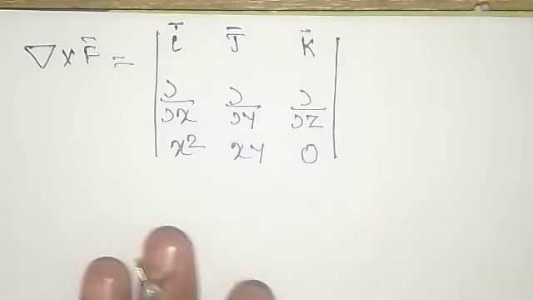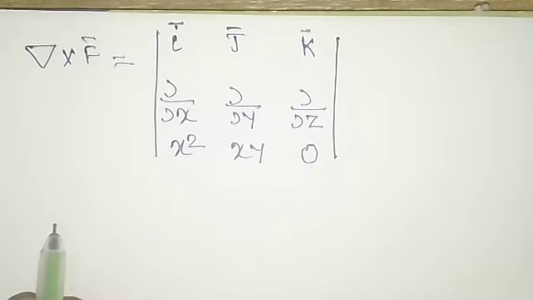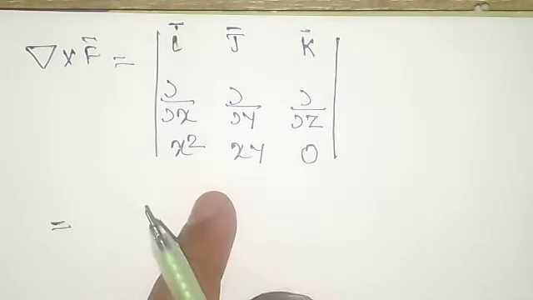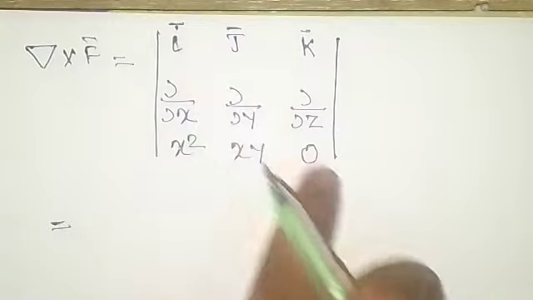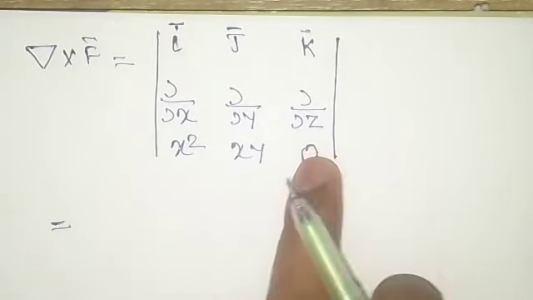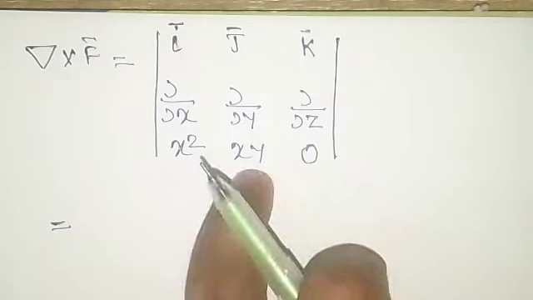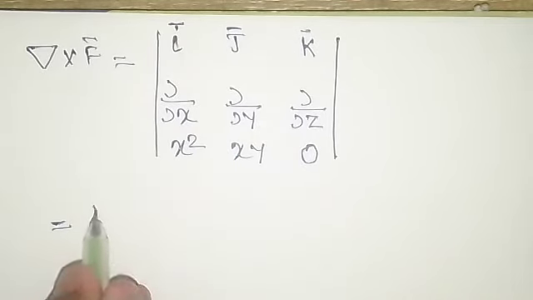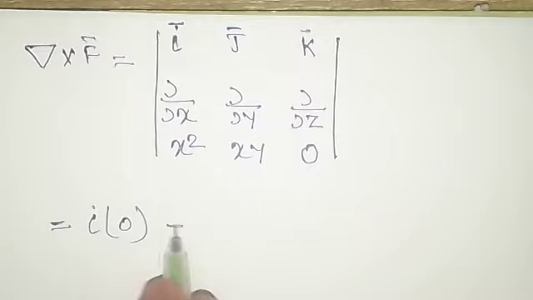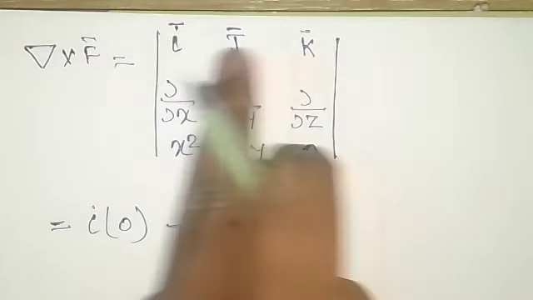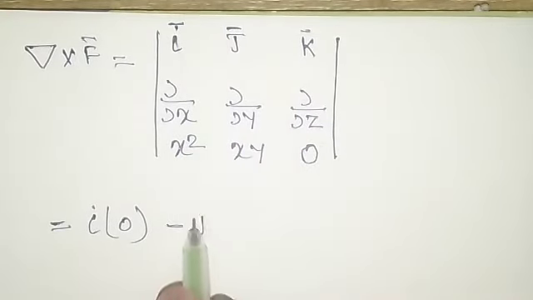So simply you have to do the curl, right? How to find the curl, you know, I think that hiding this column and this row, for i we have 0, its partial differentiation with respect to y is 0, and here we don't have a z, so it will be 0, right? So it means i into 0 minus, when we take this column and this row, j we have to take, right?